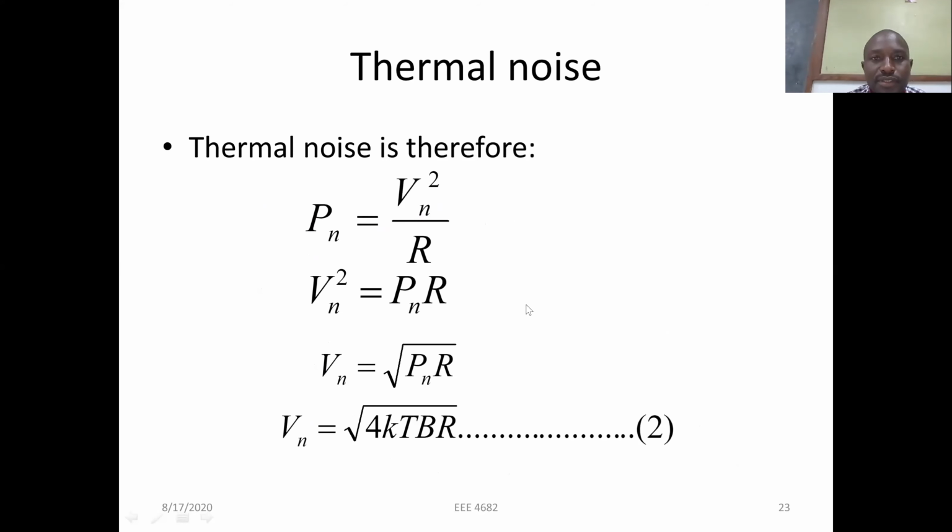Then thermal noise power is a function that can be calculated from Pn = Vn squared over R. Making Vn the subject of the formula, you have Vn squared equals Pn times R, which gives Vn equals the square root of Pn times R. And substituting the value for Pn, we get Vn = square root of 4kTBR, and that is our equation 2 for calculating thermal noise voltage.